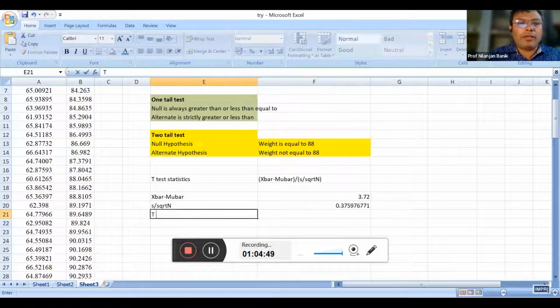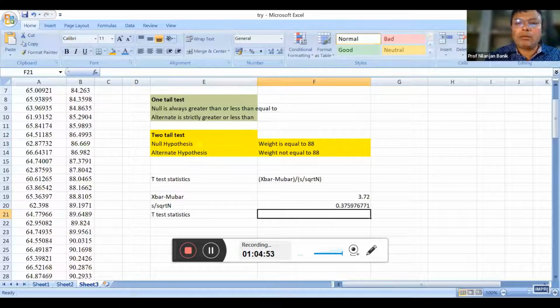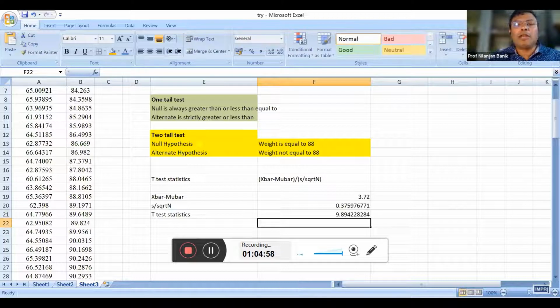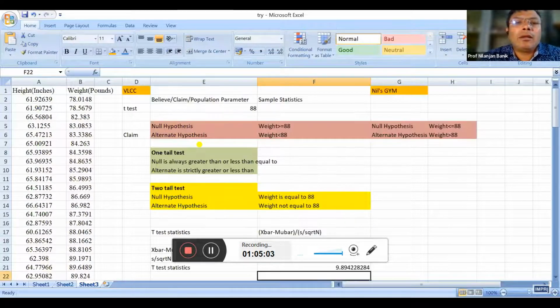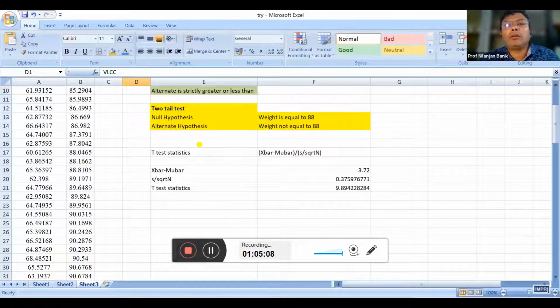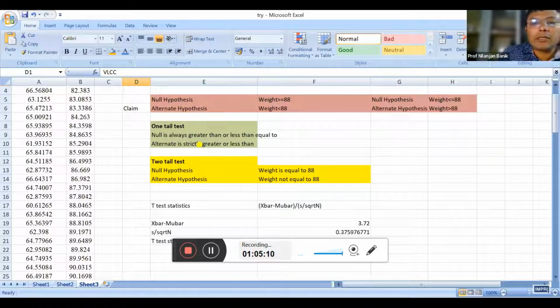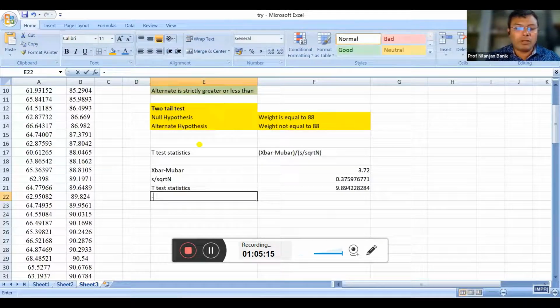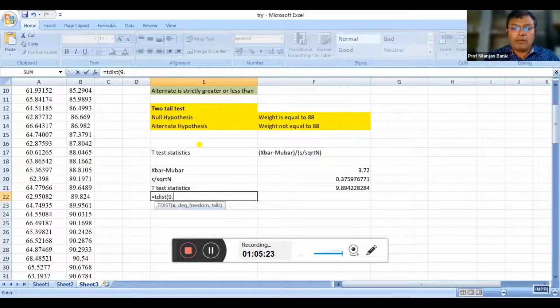Now, what is the value of t-test here? This is this over this. So it's coming to be highly significant, which is basically saying that what VLCC is claiming is correct because your t-test statistic is coming out to be statistically significant. You can check using that formula t-test equal to 9.89.